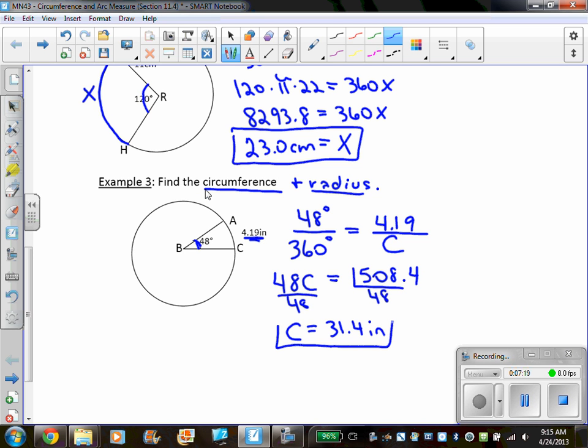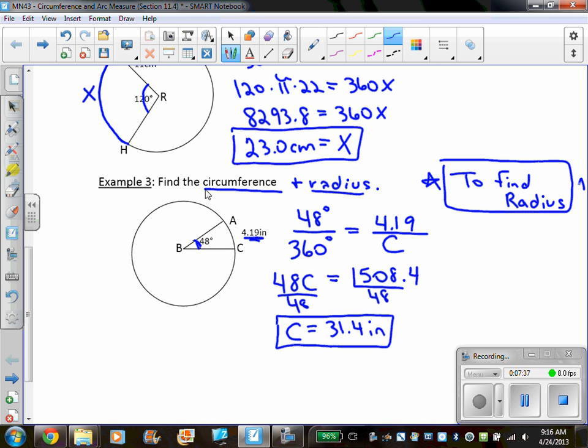Now, that is great to know the circumference, because now you can work backwards to find the radius. So over here, it says to find the radius. This is where sometimes students have difficulty, so it is important to make sure that you put this in your notes very clearly. To find the radius, now that we have the circumference, we want to use the circumference formula, C equals pi times diameter. We know that the circumference is 31.4 inches, so we substitute that into the formula.